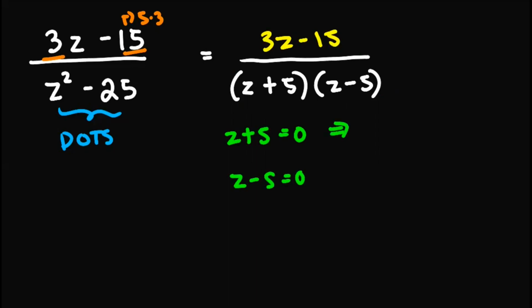The first will give us z equals negative 5. The second will give us z equals 5. So we know that z cannot be equal to -5 and z cannot be equal to 5.